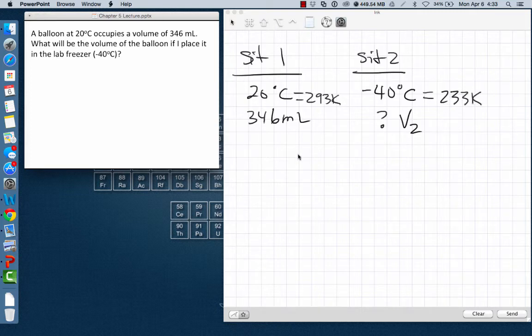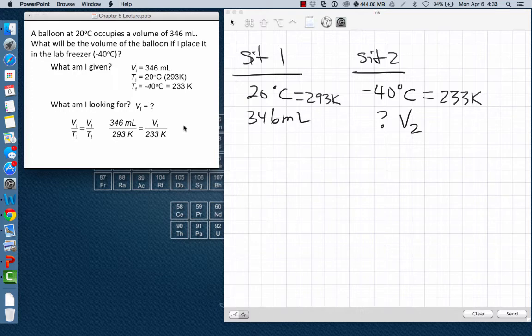Okay, so we have to put this in our equation. So we're given V1, T1, T2. And here's what it looks like. 346 milliliters over 293 Kelvin. And then we have to put in our V2 or VF or whatever you want to call it over 233 Kelvin.